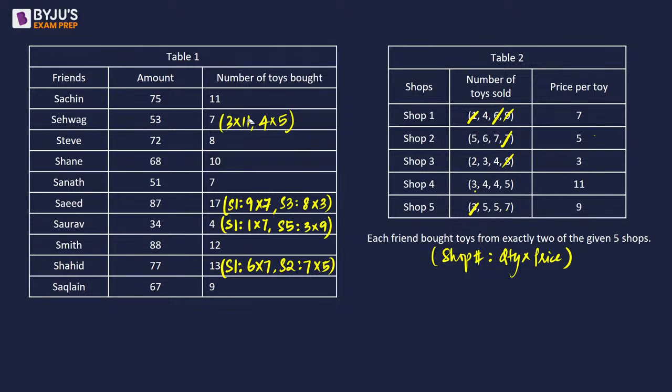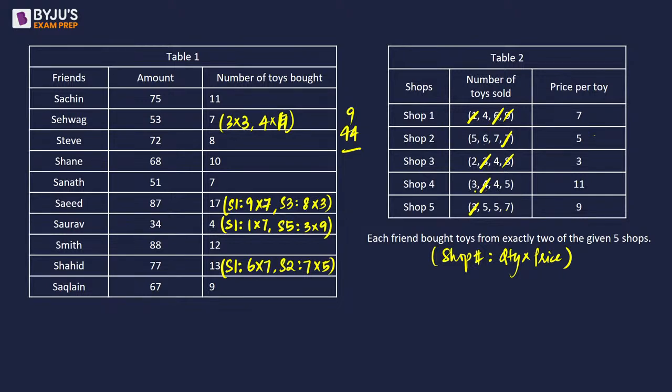Let's use the other 3. 3 items of 3 rupees each, so that is going to be 9, and then we need 4 items of 11 rupees, so that's 44. Okay, so we can take 4 items and 3 items.